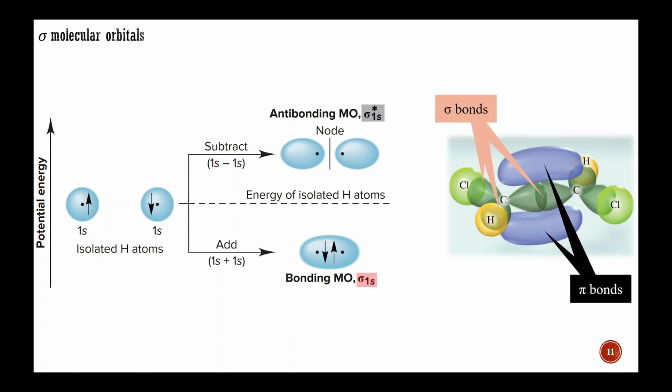Like atomic orbitals, molecular orbitals have specific energies. The combination of two atomic orbitals of equal energy, such as two 1s orbitals on two hydrogen atoms, yields one molecular orbital that is lower in energy and one molecular orbital that is higher in energy than the original atomic orbitals.